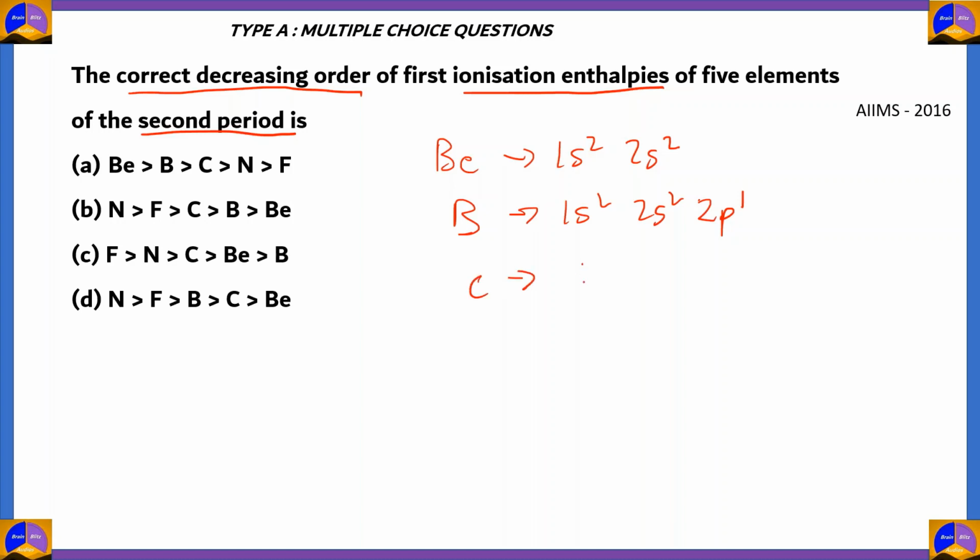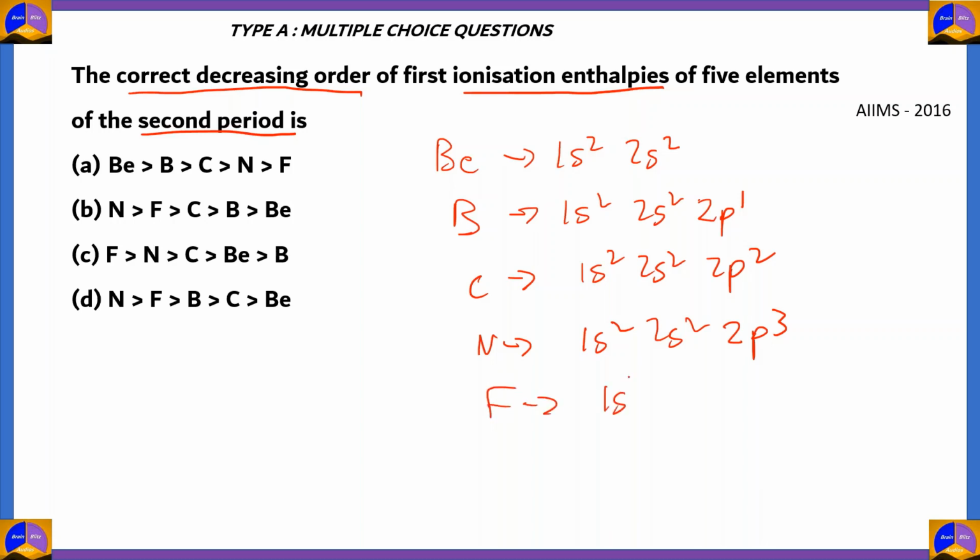Carbon is 1s2, 2s2, 2p2, and then nitrogen is 1s2, 2s2, 2p3, and then we have fluorine 1s2, 2s2, 2p5.